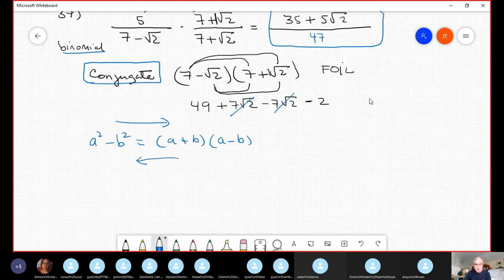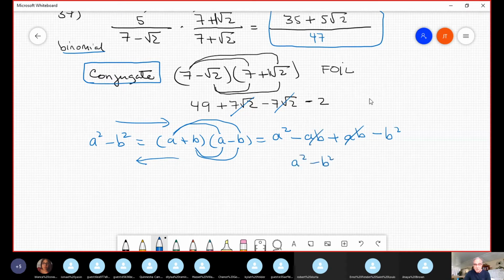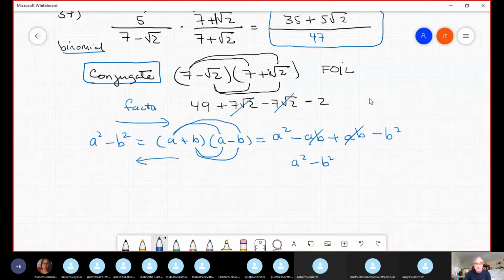And when you multiply the conjugate, look, FOIL is a squared minus ab plus ab, by putting alphabet order, minus b squared. And this cancels and stays alive a squared minus b squared, exactly. But we are not doing a factorization. This ordering is factorization. In this case, multiplication.